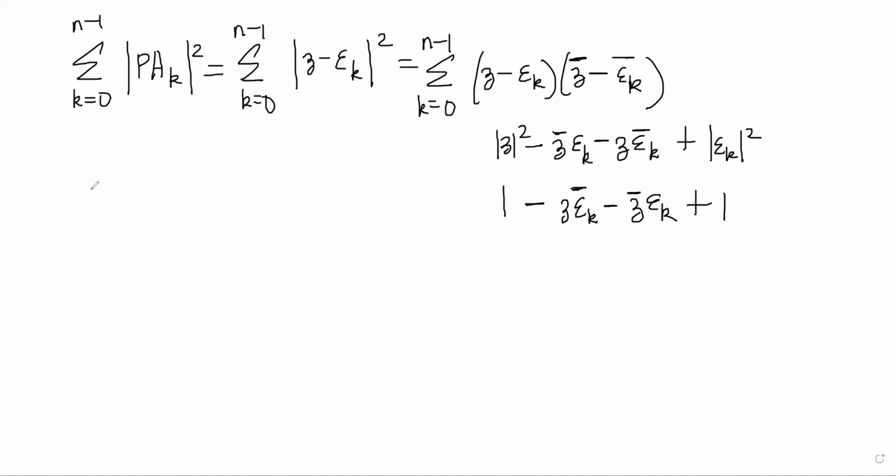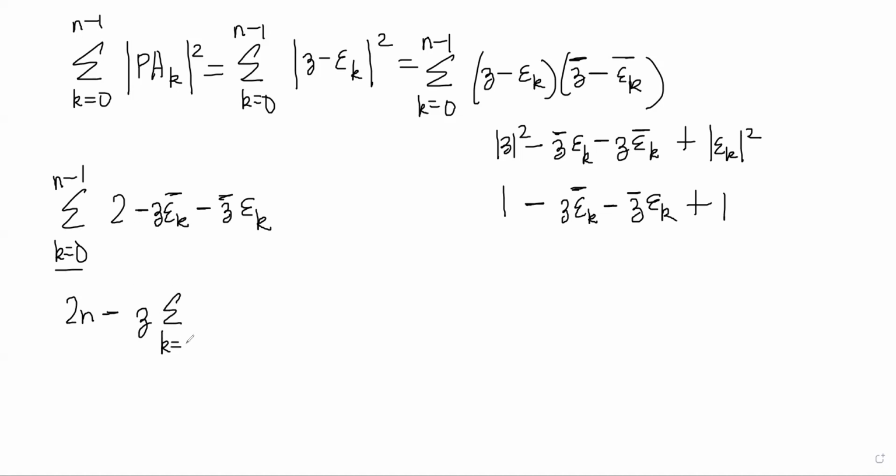So you have a summation of k goes from 0 to n minus 1 of 2 minus z ek conjugate minus z conjugate ek, right? Okay, so now this will become 2n minus z, which comes out of the summation because the summation is over k, times the summation of k from 0 to n minus 1 of ek conjugate, minus z conjugate, which comes out of the summation, times the summation of k from 0 to n minus 1 of ek, right?